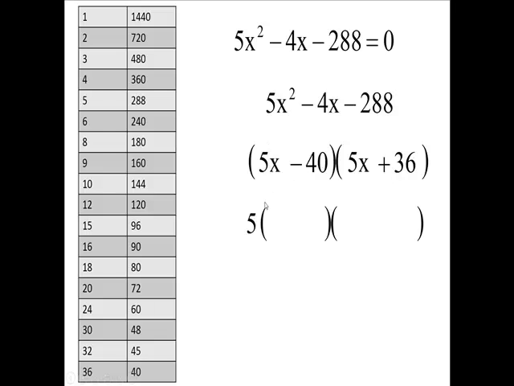Factor a 5 out. You can copy this one down over here. But 5 times x is 5x. 5 times 8 is 40. And then copy this down. Since 5 times 5 is not 5, we throw away this extra 5. It's called the no fuss factoring.